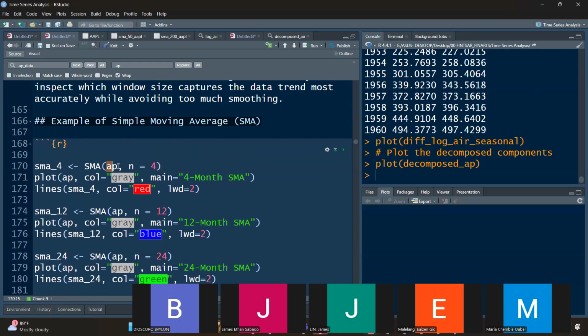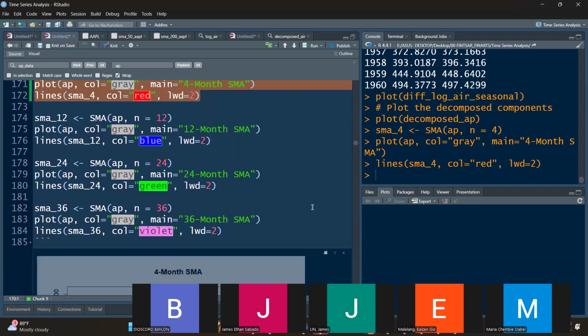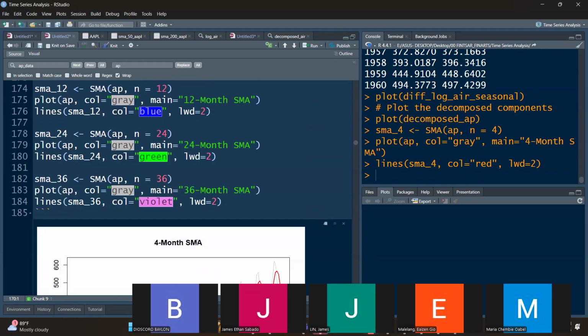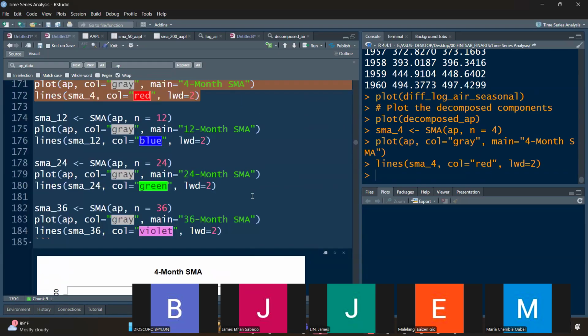We are getting the simple moving average of AP, plotting it, and also creating the lines for SMA4. If I run this, this is your SMA4, 4 months.